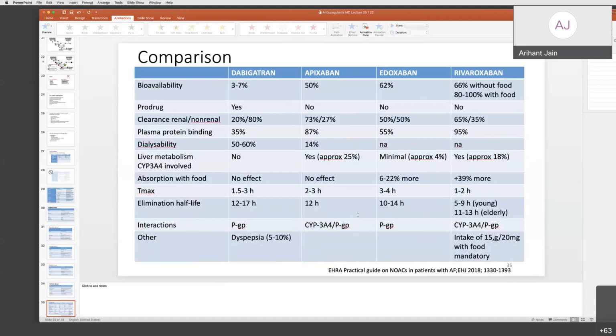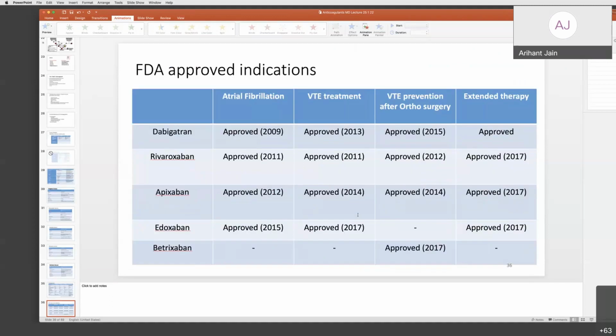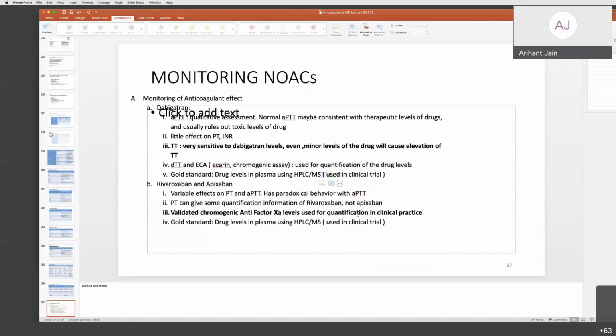This is required because whenever we have to plan a surgery, or if the patient comes with a bleed, we have to see when the patient took the last dose, and accordingly plan our reversal or antidote. These are the FDA approved indications. They are all approved for VTE, PE, extended therapy, as well as atrial fibrillation.